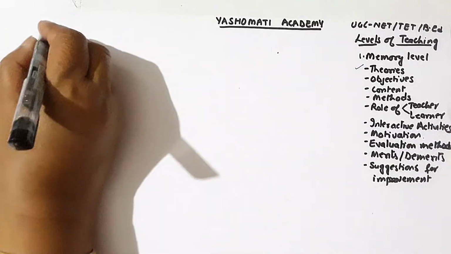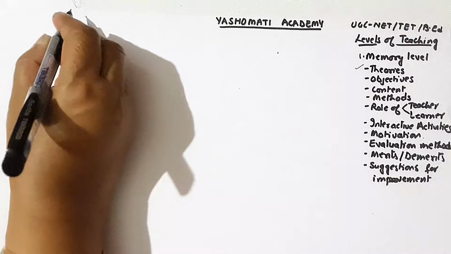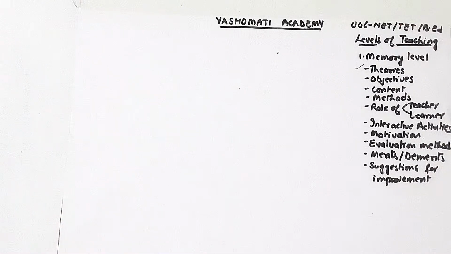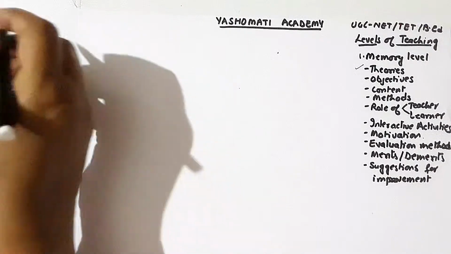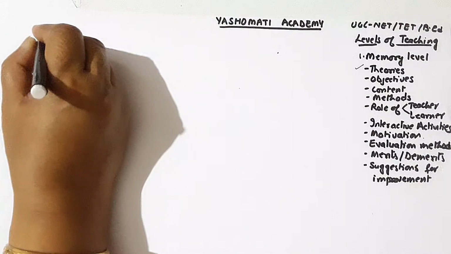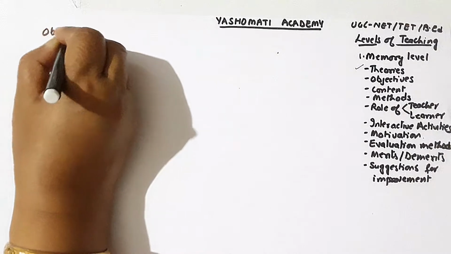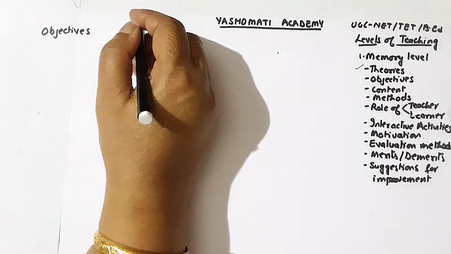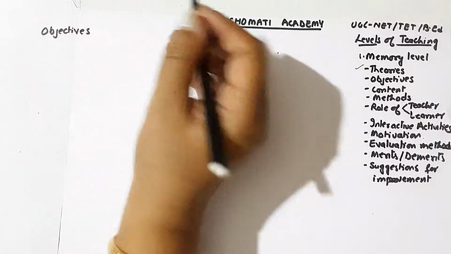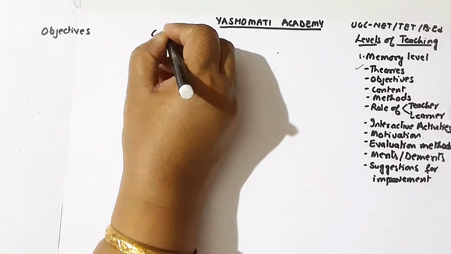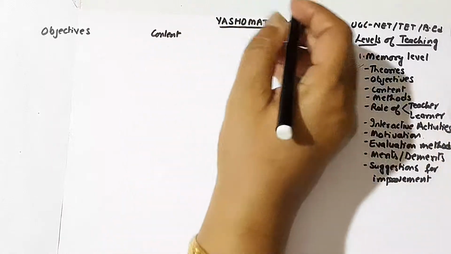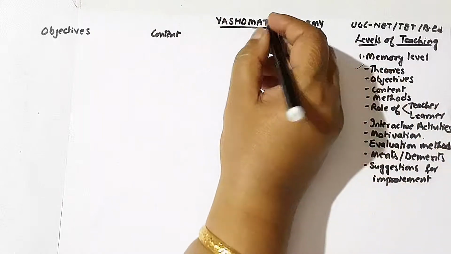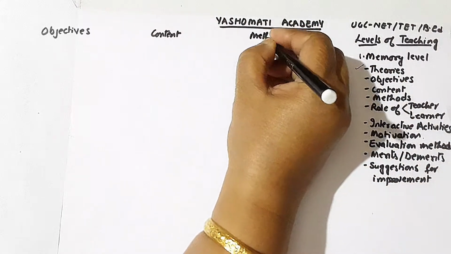So first of all, we will discuss the objectives. Then to achieve these objectives, what content should be selected, and to provide this content to the learner, what method should be used.